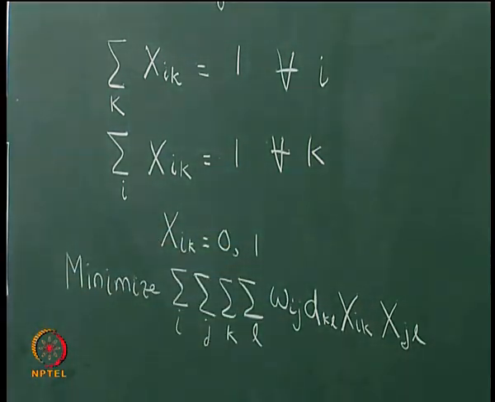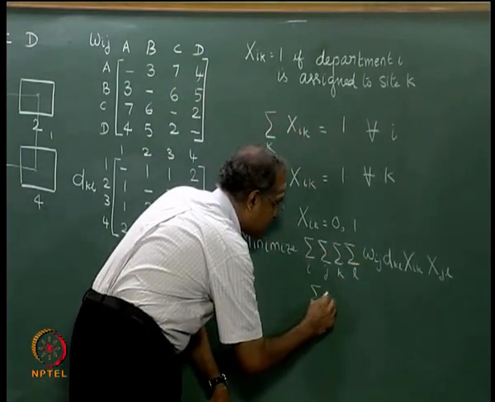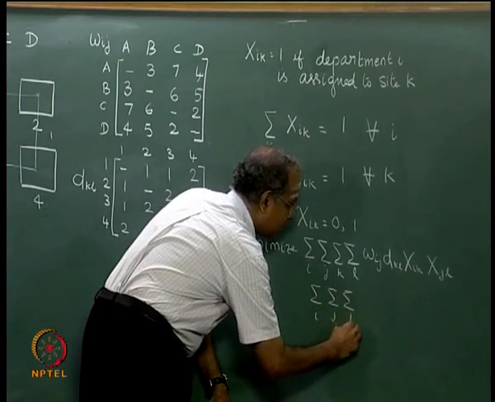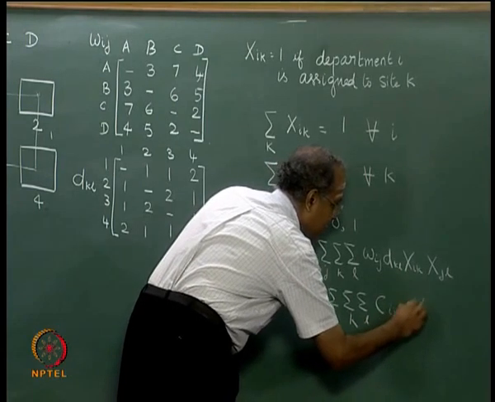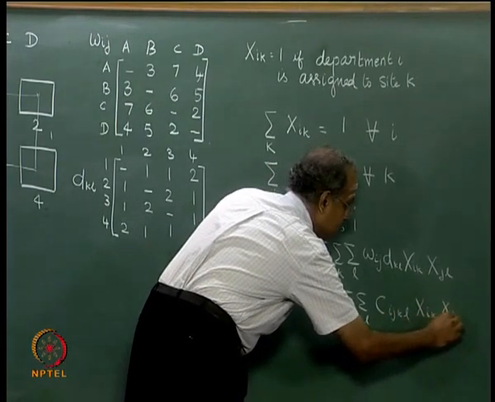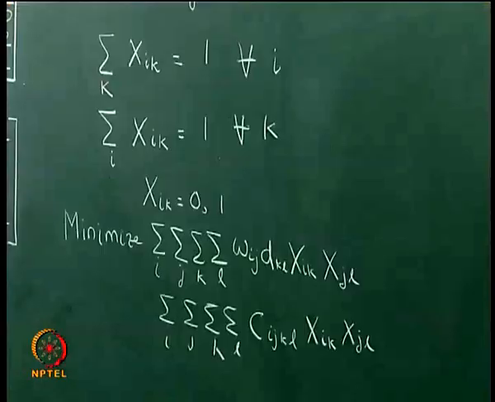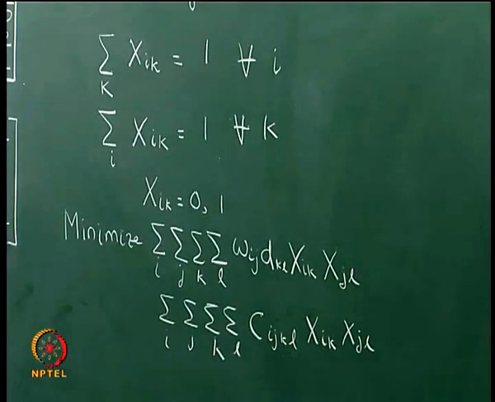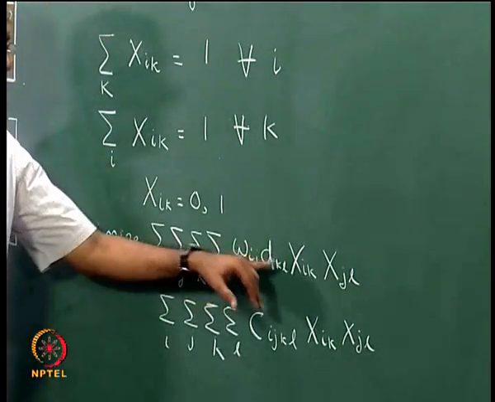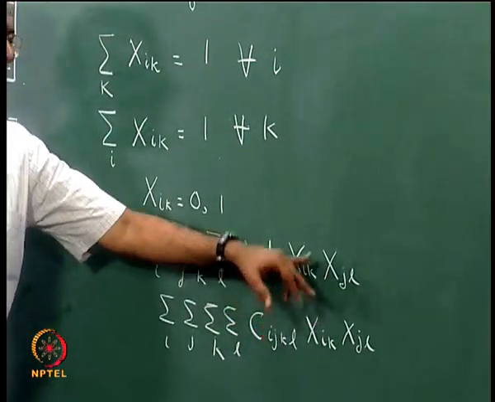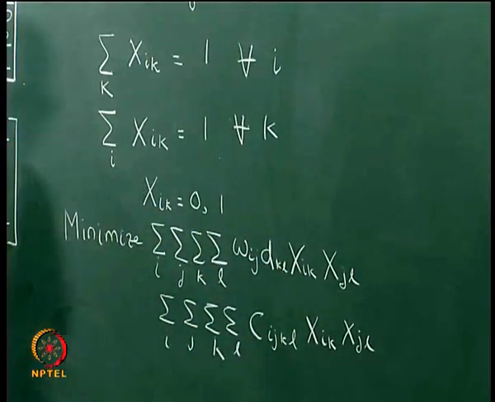It is also customary to write this instead of Wij dkl as c_ijkl x_ik x_jl, where c_ijkl represents the product of Wij and dkl. So, the problem is to minimize the sum of Wij dkl x_ik x_jl subject to these two sets of constraints and a binary restriction.